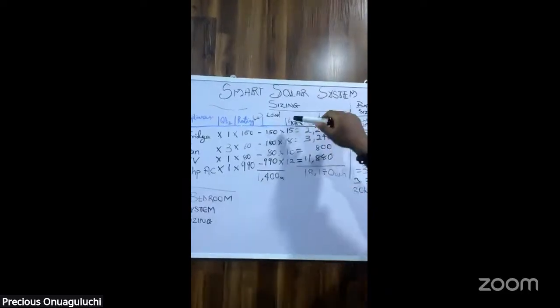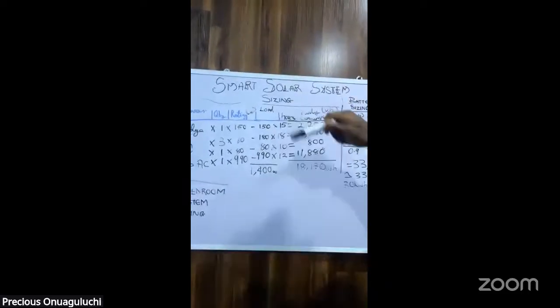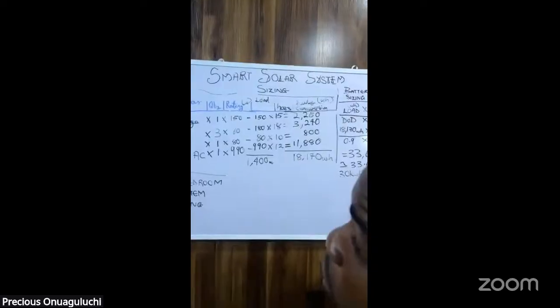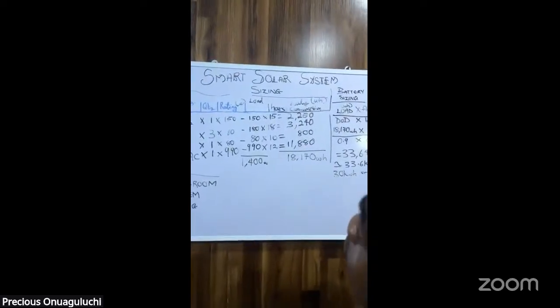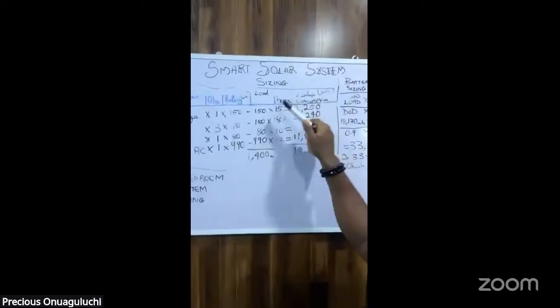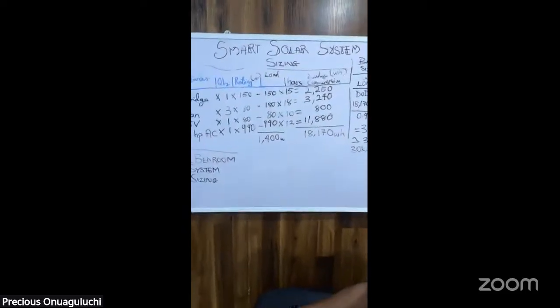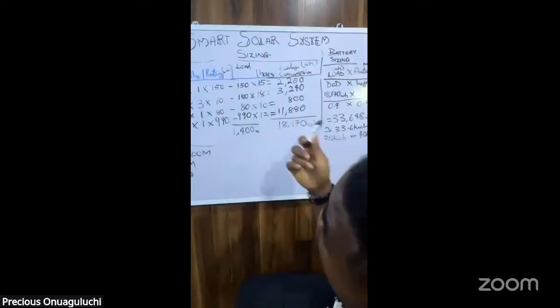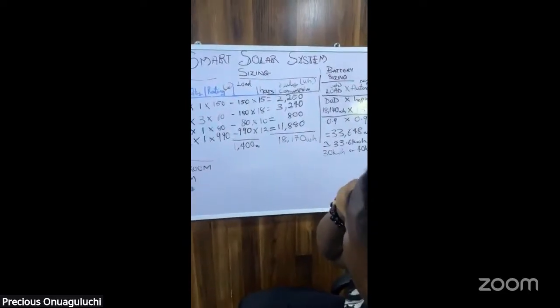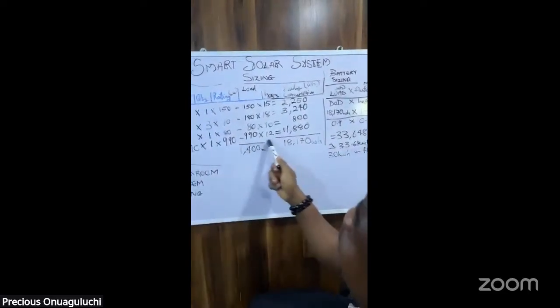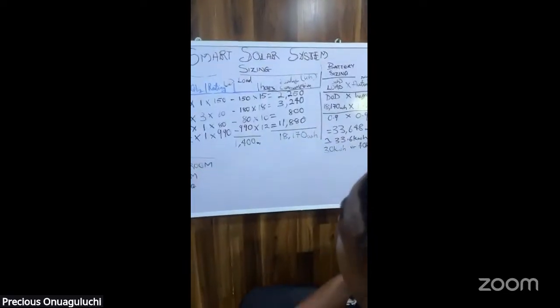Then next, we ask ourselves an honest question: how long do we run each of these devices? We run the fridge for about 15 hours, the fan for 18 hours during the day, our television for 10 hours during the day, and our AC for 12 hours in the day.